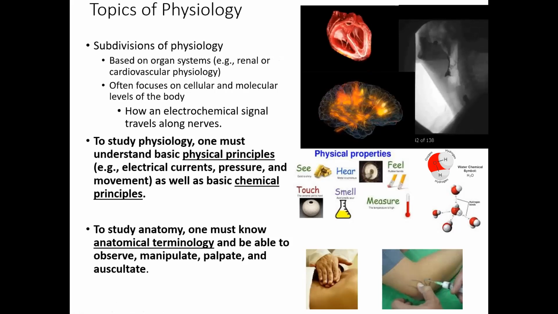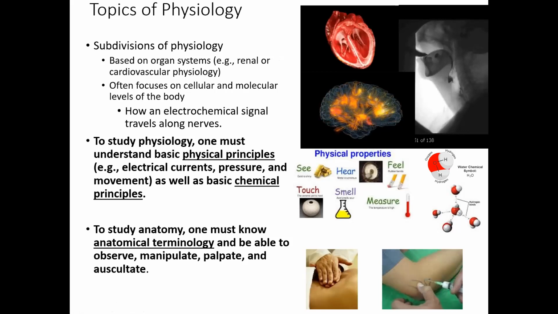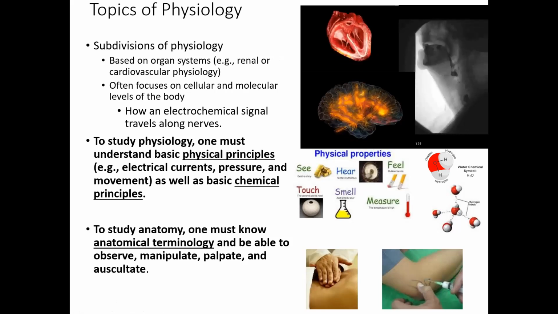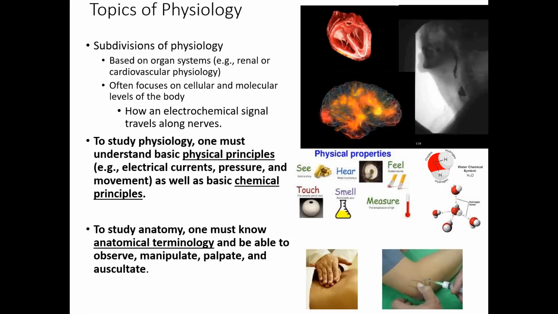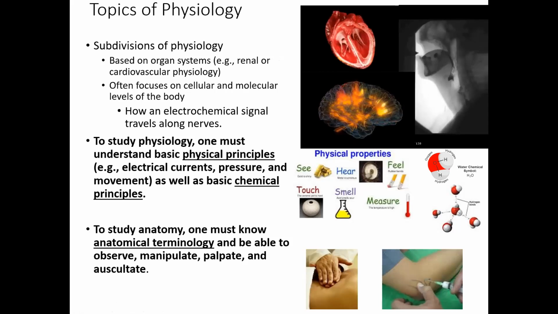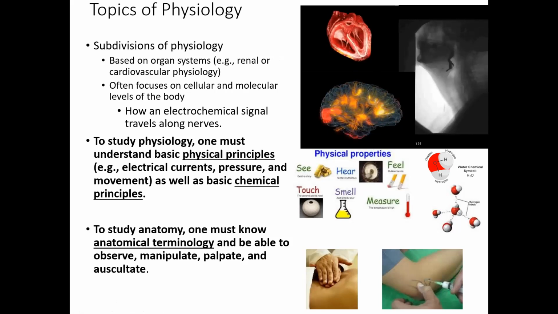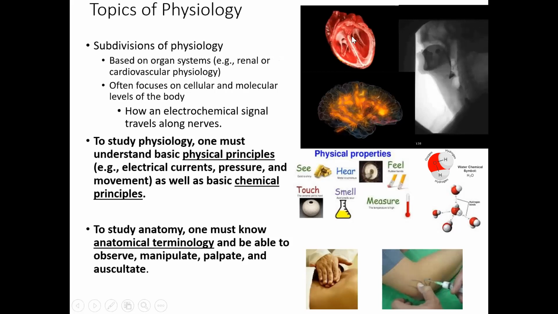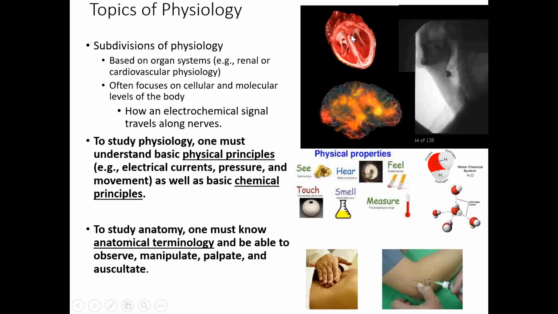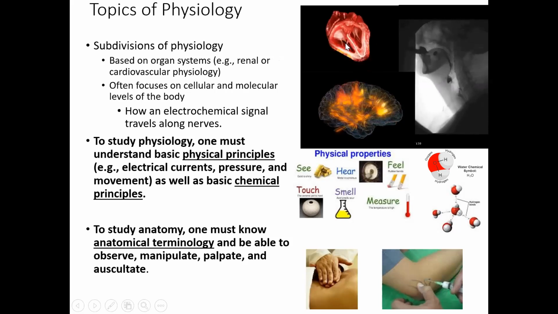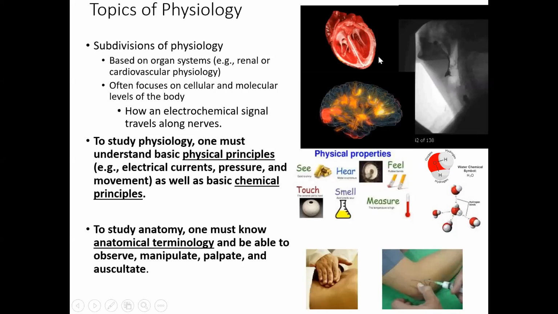It resets itself and does it every 7/10 of a second. In a healthy heart, it has the exact same sequence of events. That's what you're seeing up here in the upper right picture. There's a 4-chambered heart with valves opening and shutting and contractions taking place.